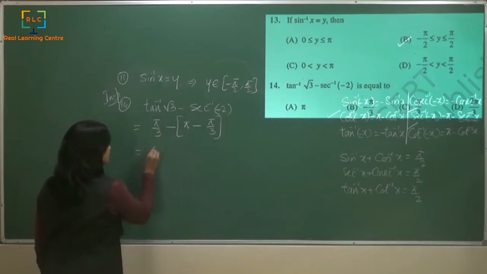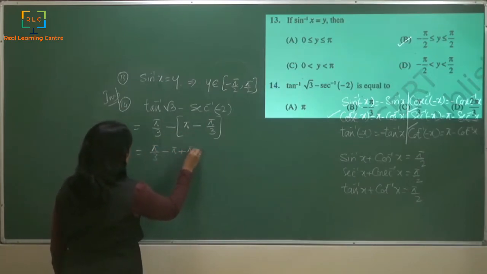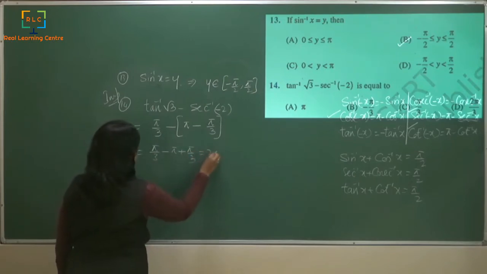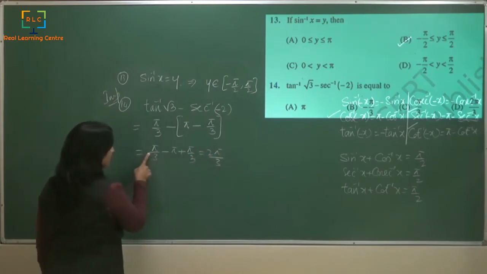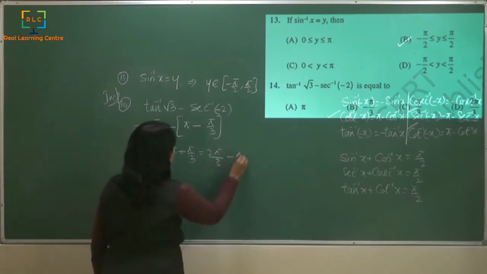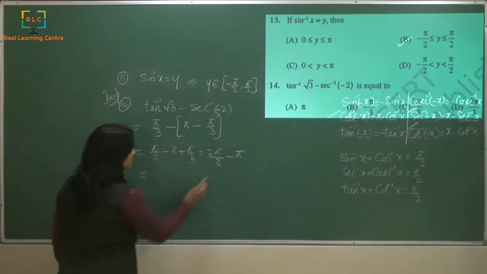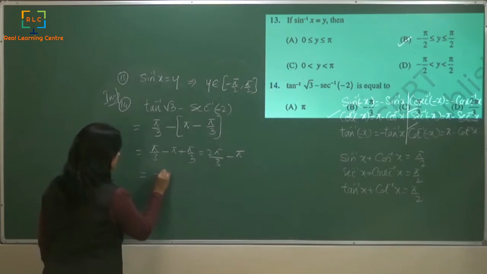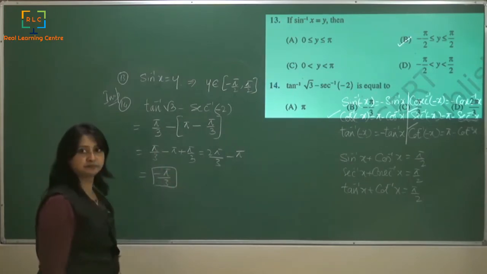So I shall take minus inside. You have pi/3 minus pi plus pi/3, which is equal to 2 pi/3 minus pi. So you got the answer 2 pi minus 3 pi over 3, which is minus pi/3. That is the answer.